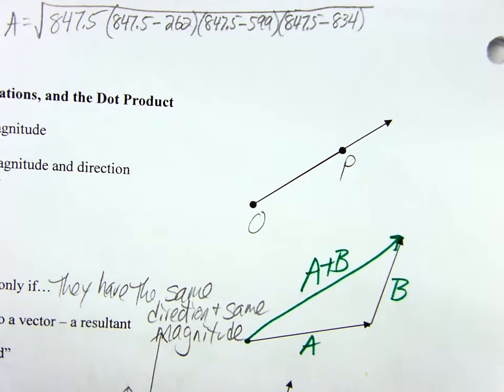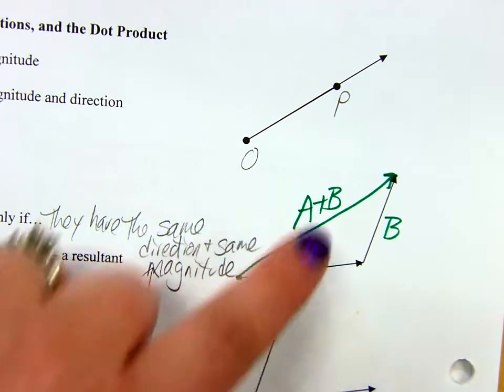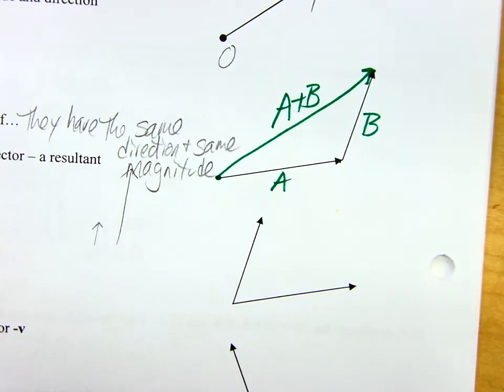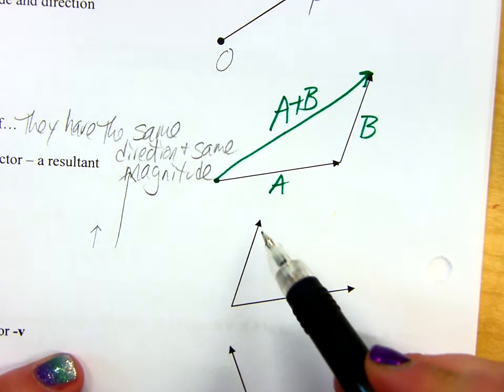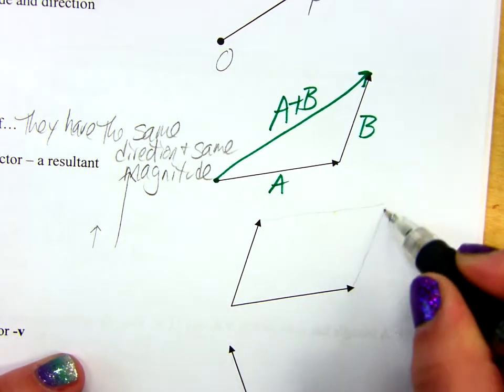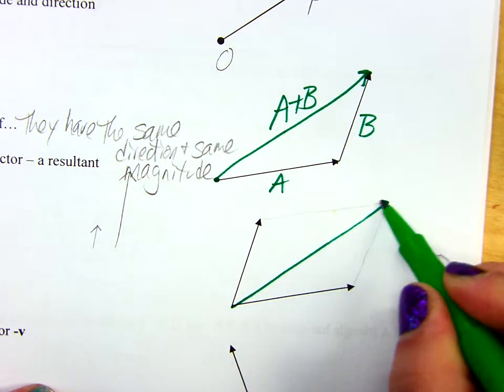All right. So, one method to add two vectors together is tip to tail, as we did here, or you can do what's called the parallelogram method. So, say I had my two vectors like this, you can copy them and turn it into a parallelogram, and then the vector is the diagonal.